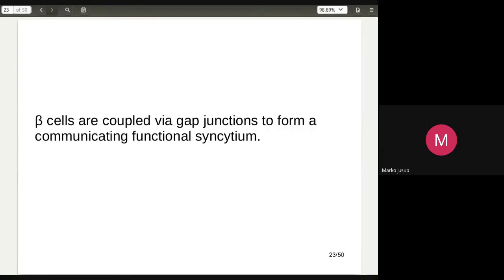For us, because this is a network science approach, what is really crucial is that beta cells are coupled via something called gap junctions. These are essentially connections through which they can exchange electrical currents. Cells use these gap junctions to form what is biologically termed a functional syncytium, or essentially you can think of it as a cell collective.